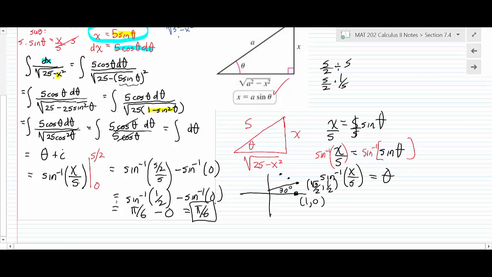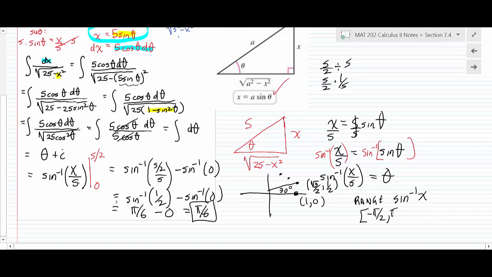Okay, so when you get down to doing inverses, you got to go back to your unit circle. The other thing that you might want to make a note of, if you need to, is the range of an inverse sine. Do you guys remember what that is? It's from negative pi over 2 to pi over 2, including the endpoints.